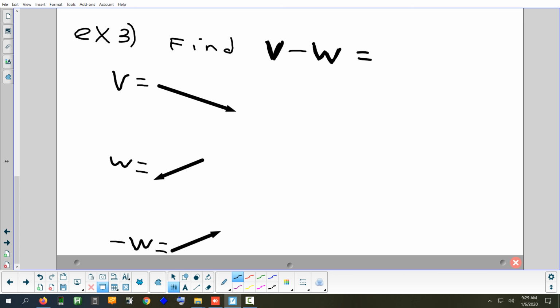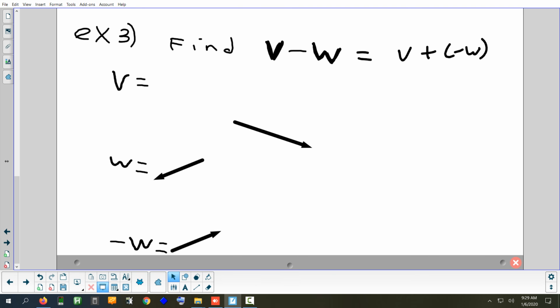So now, how do I want to think of V minus W? Instead of V minus W, I want to think of it as, yeah? Plus negative W. What plus negative W? V. Yeah, V plus negative W. Well, you've got V at the top, you've got negative W at the bottom. Just add them up.